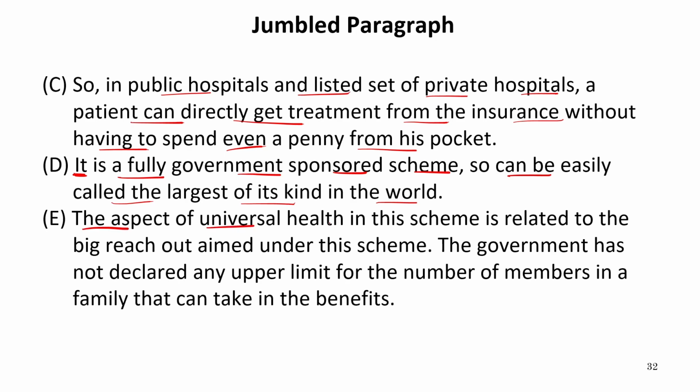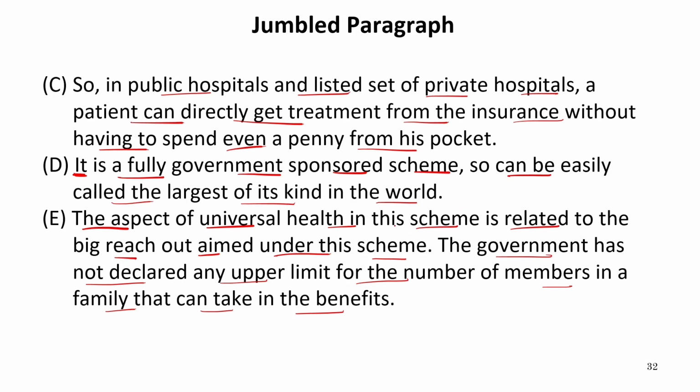"The aspect of universal health in this scheme is related to the big reach out aimed under this scheme. The government has not declared any upper limit for the number of members in a family that can take in the benefits." Now, if we see this sentence carefully, here it is written "the aspect of universal health in this scheme."